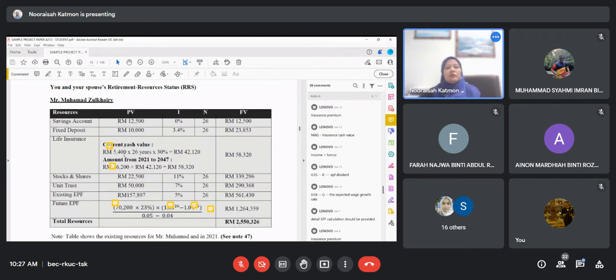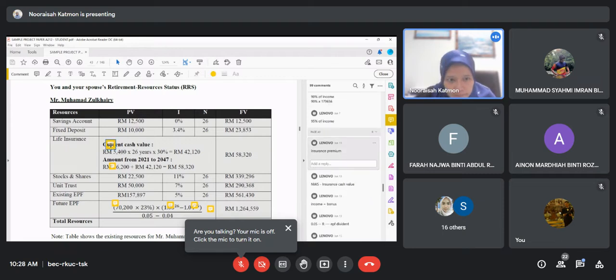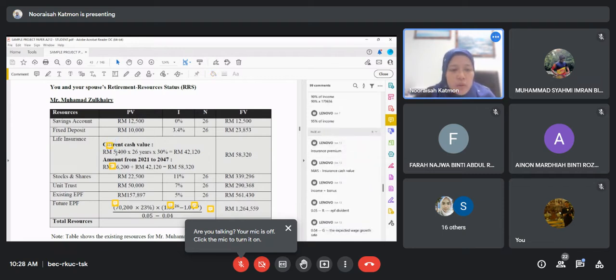I would say that one of the difficult parts is related to the life insurance cash value, but it is not that difficult. For current cash value, you know that from now, you're going to contribute to life insurance for another 26 years, which means you have to calculate how much the cash value will be from now until you retire. So you take 5400, which is actually the insurance premium for the old package.